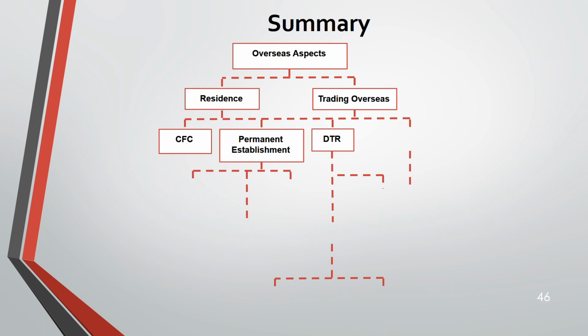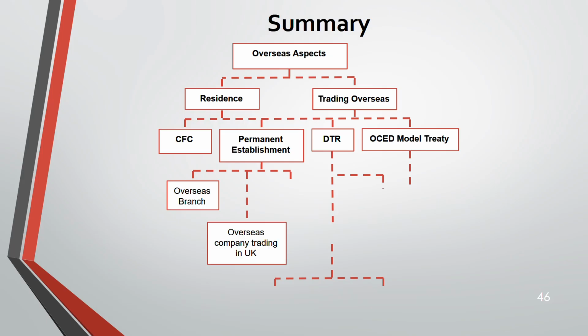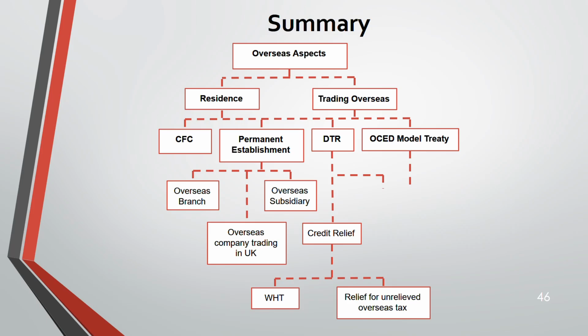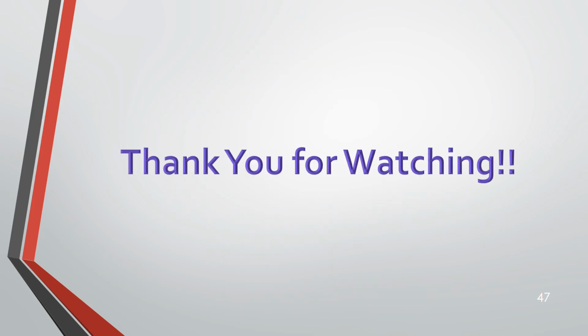Then permanent establishment, then DTR, double tax relief, OECD model treaty. So permanent establishment is through overseas branch, overseas company trading in UK, overseas subsidiary. Now DTR, you can get credit relief, either withholding tax or relief for unrelieved overseas tax. Then the treaty relief. So that's it.